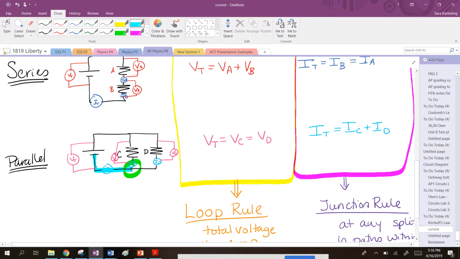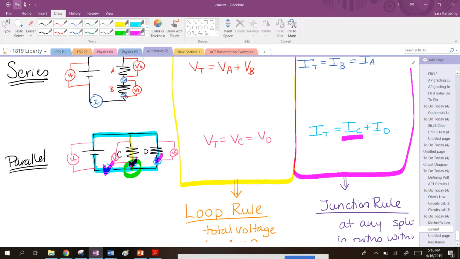The electrons either go through, in this case, resistor D, or they go through resistor C, but again, not both. So all of the electrons that are right here can either go through C or D, but not both, which means that the current in C plus the current in D has to equal the total, okay?